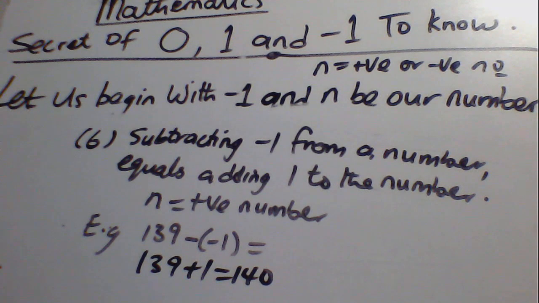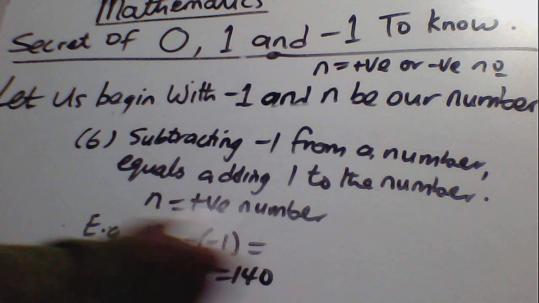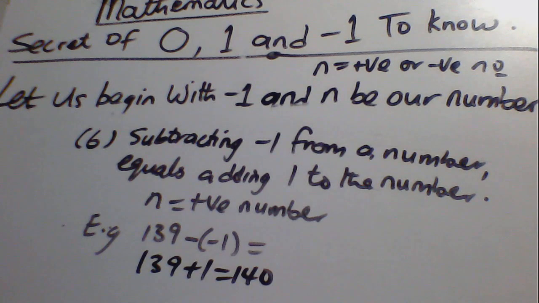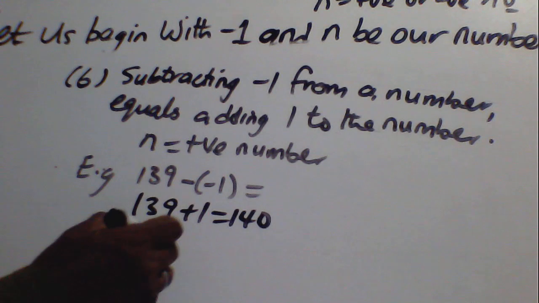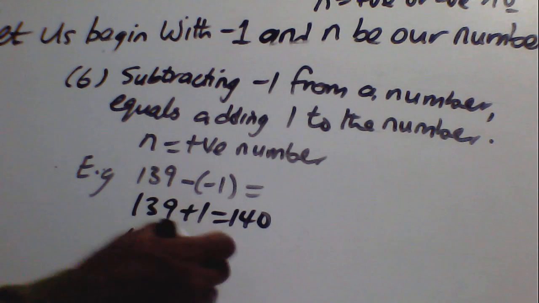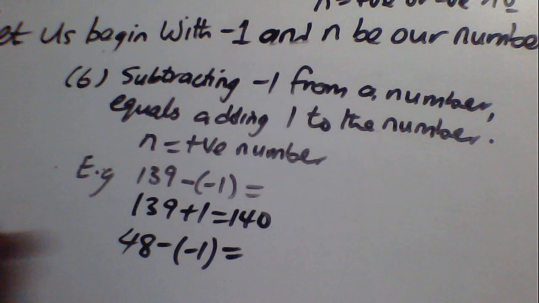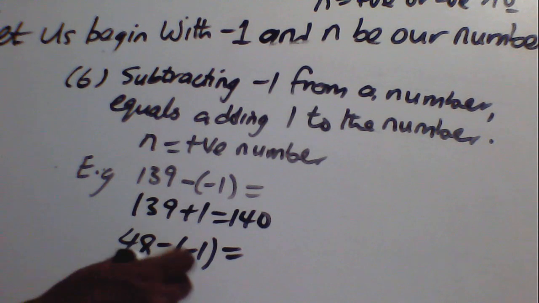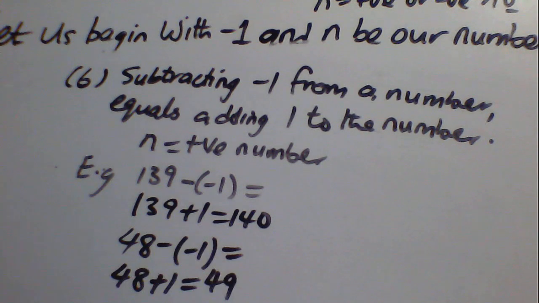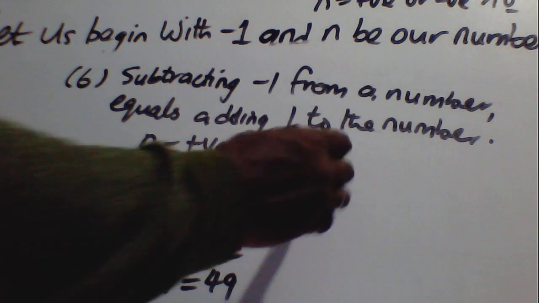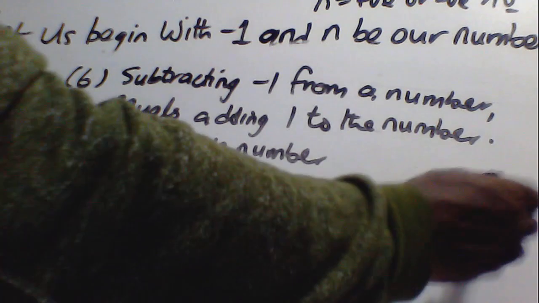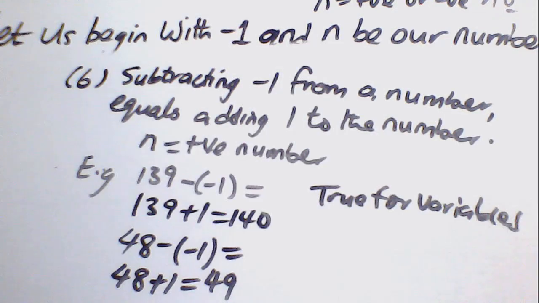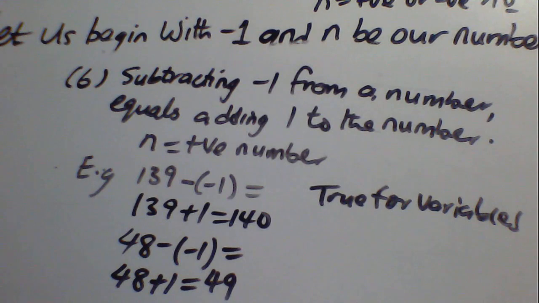This is true for positive numbers. The next one is 48 minus 1, which is equal to 48 plus 1, and this gives us 49. It is also true for variables.